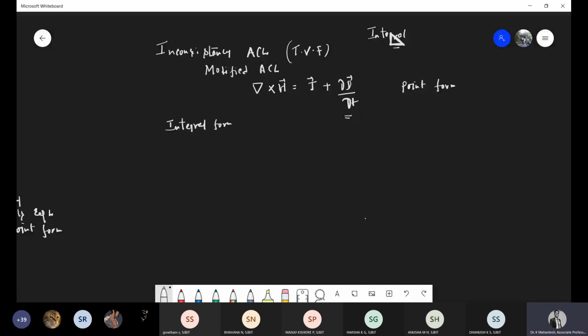I'll take the surface integral on both the sides of the above equation. I will get surface integral of curl of H dS is equal to surface integral of J dS plus surface integral of dou D by dou t into dS.